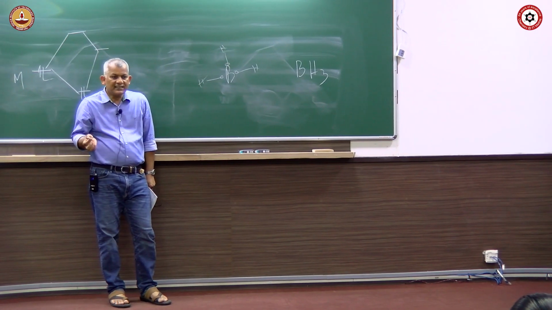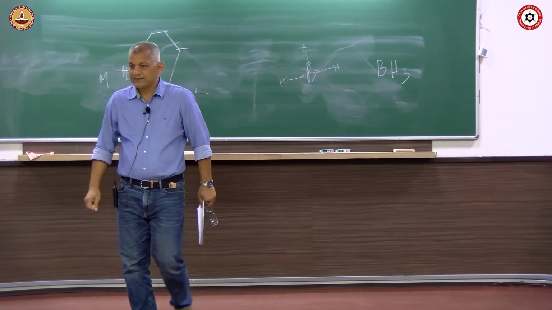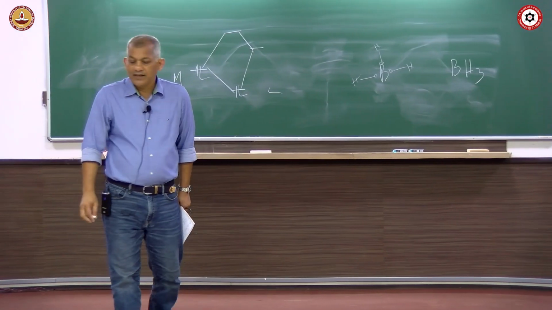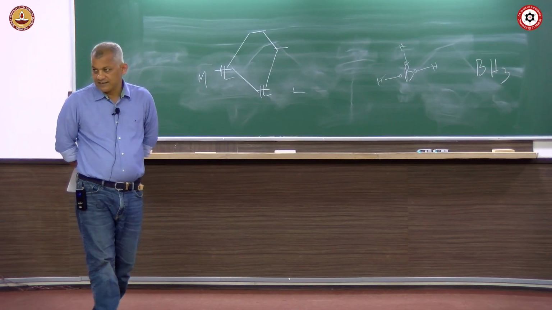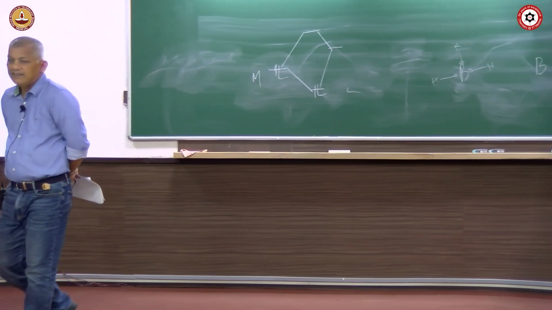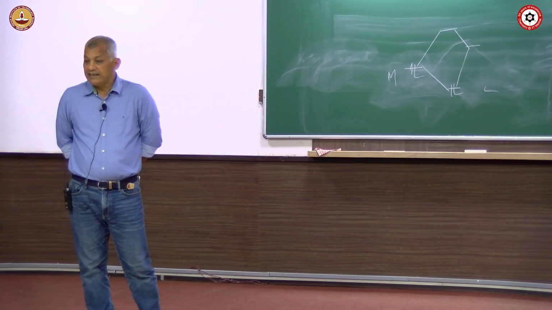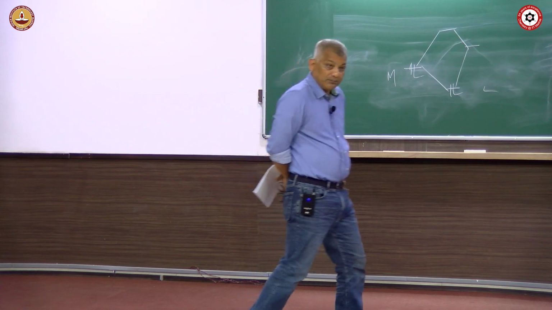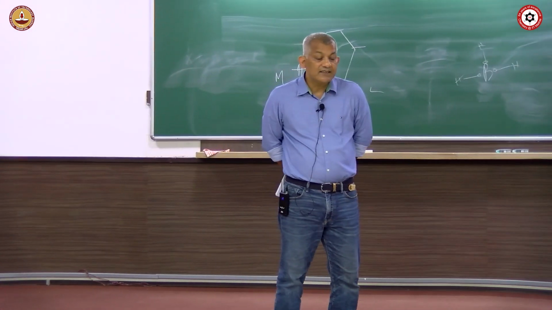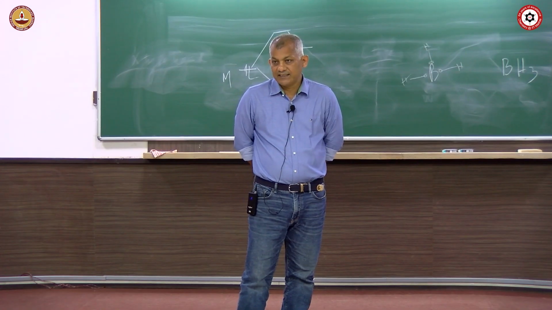What is the typical thing we all learn in organic chemistry? That is the octet rule. So how many electrons are here now? 6 electrons, and hydrogen also gives 1 electron each. So this is electron deficient. Boron is the only element in the periodic table that does not follow the octet rule; it follows the sextet rule, the 6 electron rule.